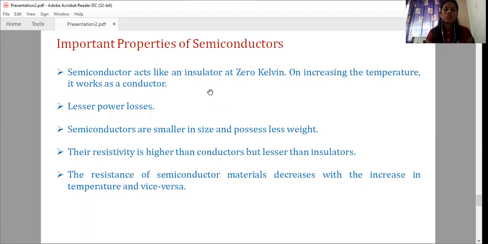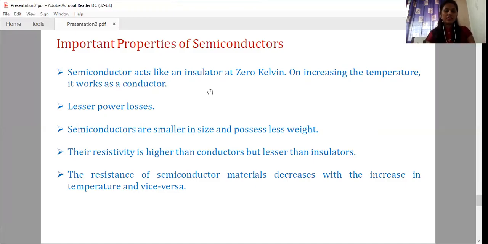At room temperature we have no need of any external heat, so it acts like an insulator. But when we increase the temperature, it acts like a conductor. It also has less power loss.